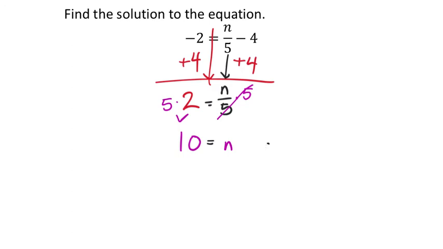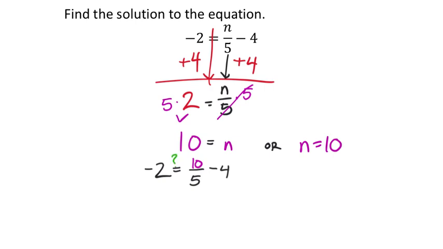Now, some of you prefer to write it like this, and that's fine if you do. This would just show n equals 10. This is the same thing. But, as usual, I just want to check to make sure this would actually be a true statement. So I'm looking for negative 2 to equal n over 5 minus 4. Right now, we're pretty sure the n here is 10. So I replace the n with 10.